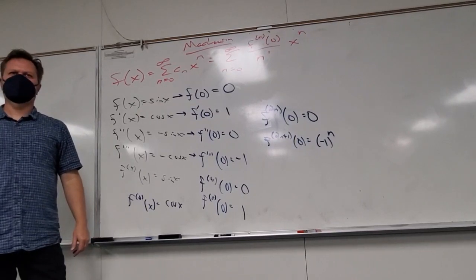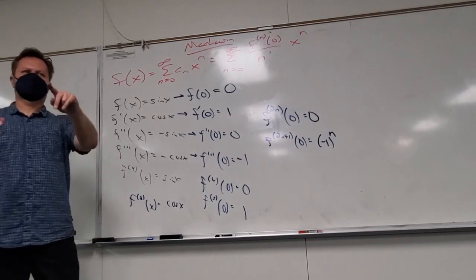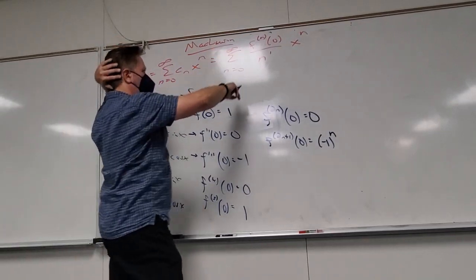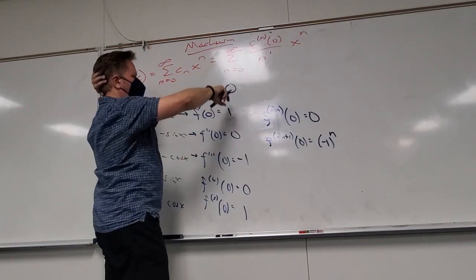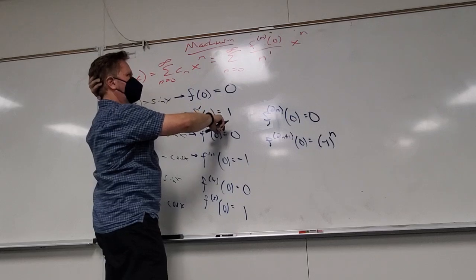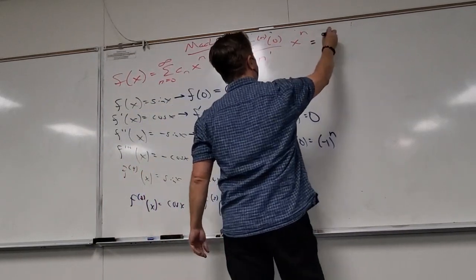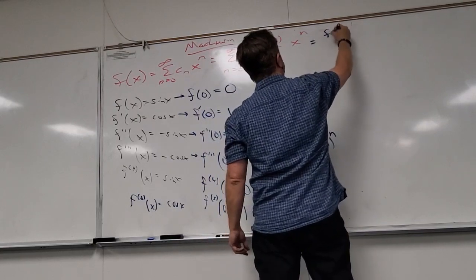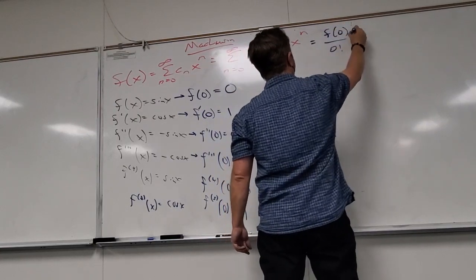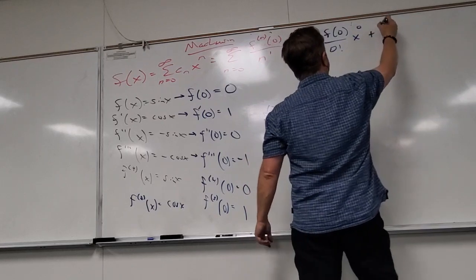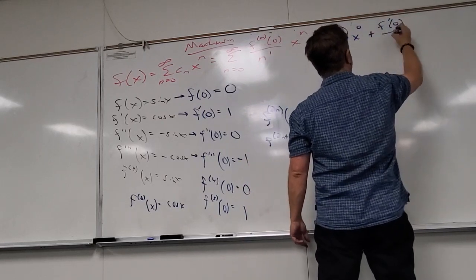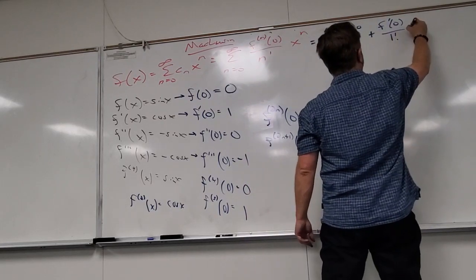Okay, maybe. So let's do this. Can you guys tell me a few terms here? So for example, let's just write a few terms out. So when n is 0, it's f of 0 over 0 factorial x to the 0. Let's just write a few of these. Really write them out. 1 factorial x to the first. Is this cool?